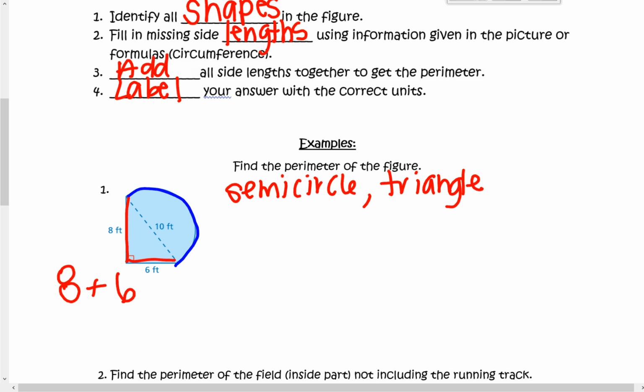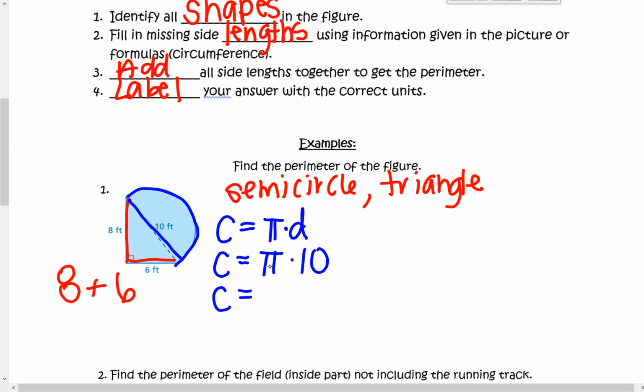To find the circumference of a circle, it's pi times diameter. Remember when we're showing our work, we always start off with that formula. So the circumference equals pi times, and our diameter for this circle is 10. So we take C equals 3.14 times 10, which gives us 31.4.